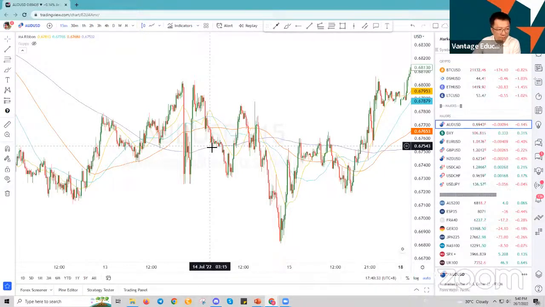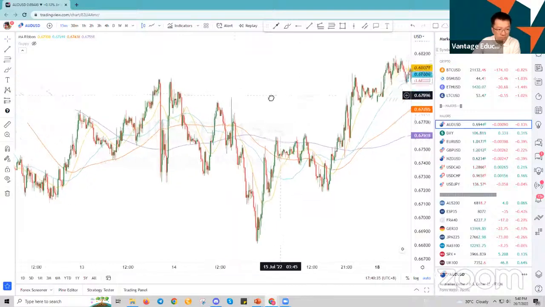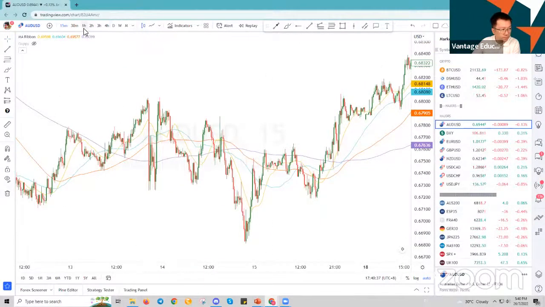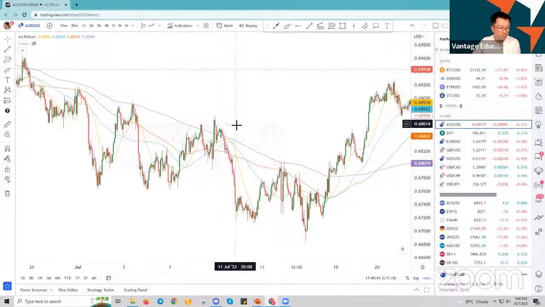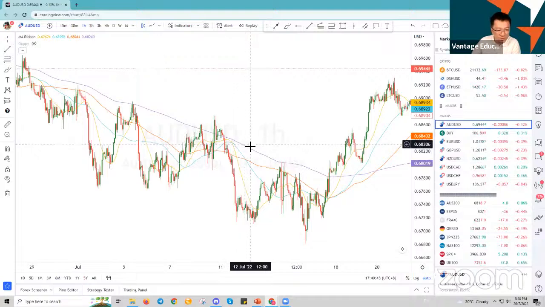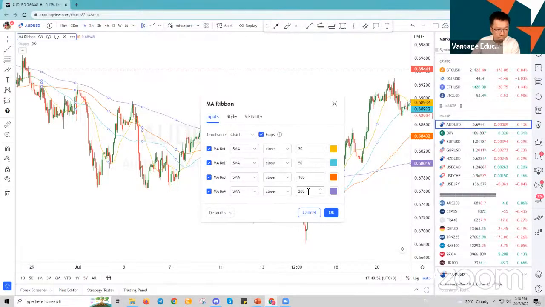If you look at a moving average ribbon, what you want to be looking for in this case, for example, in the H1 time frame, you want price in the best case scenario to be supported or to be resisted by the long-term moving average, right? In this case, that 200 level, right?